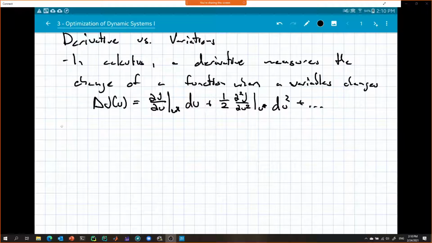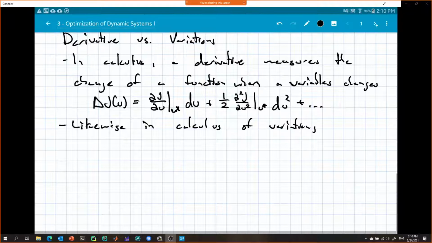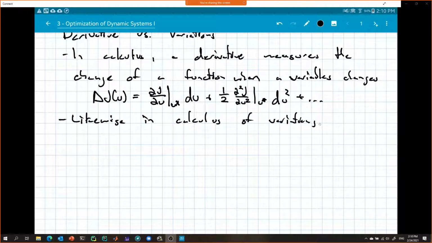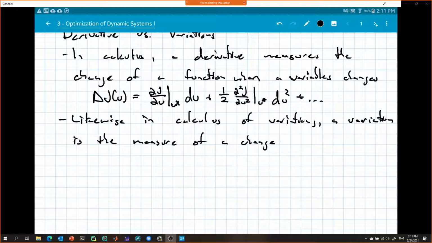Likewise, in calculus of variations, a variation is the measure of a change in a functional.